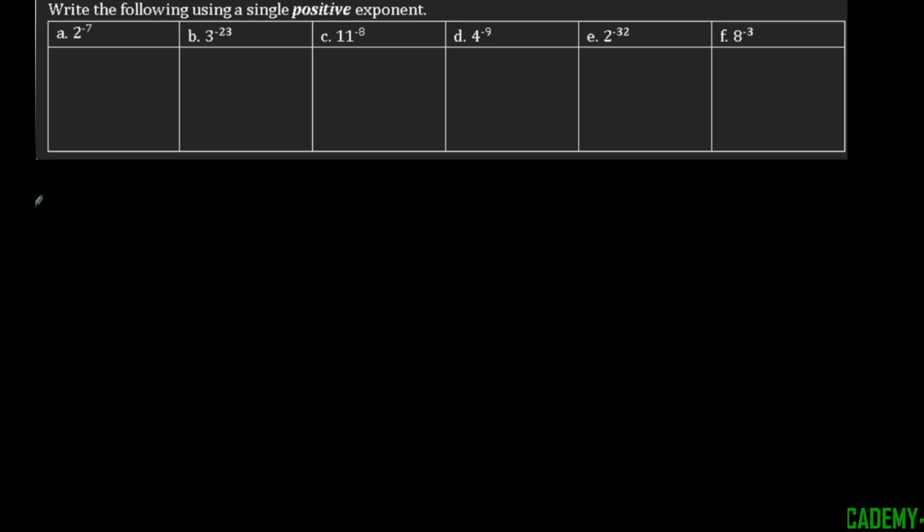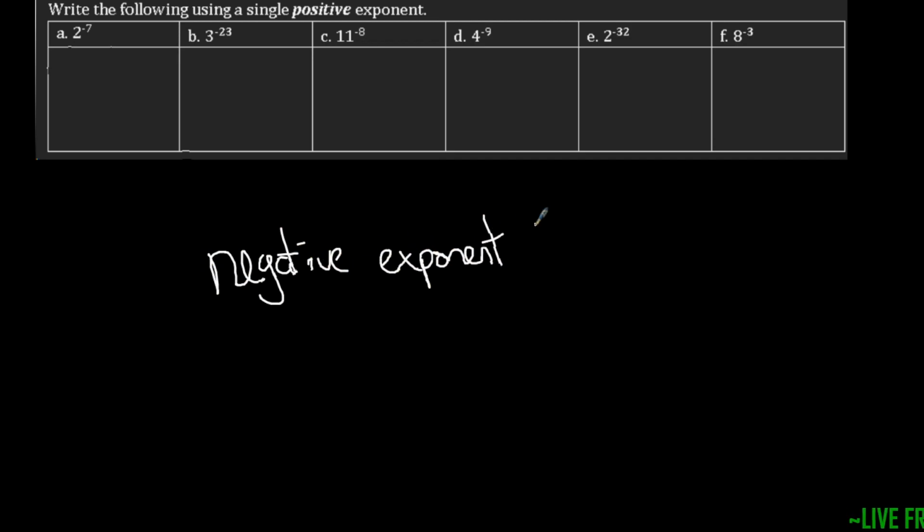Moving on to the next set, it says write the following using a single positive exponent. So notice for each of these, we're going to have to rewrite it with a positive exponent. Again, make sure you're remembering that a negative exponent does not mean negative value.